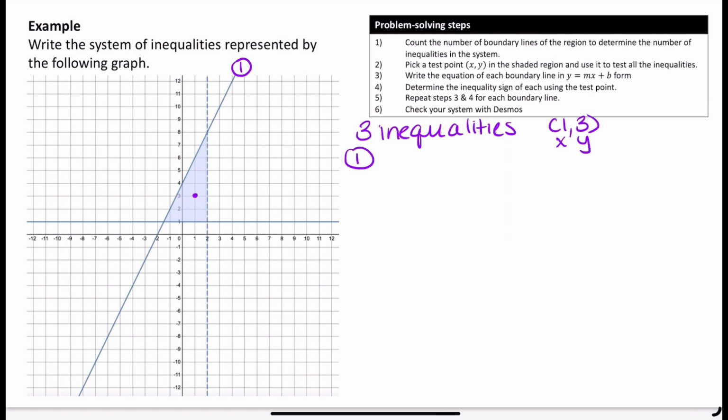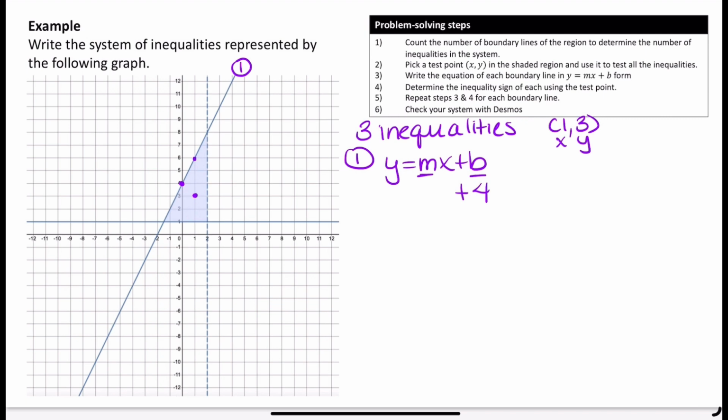Okay, so now that we have this boundary line that we want to figure out, let's figure out the equation in y equals mx plus b form. Remember, m is the slope, b is the y-intercept. So if I look at the graph of this line, I can identify the y-intercept, which is going to be 4, right? So I have a b that equals 4. Now let's figure out slope.